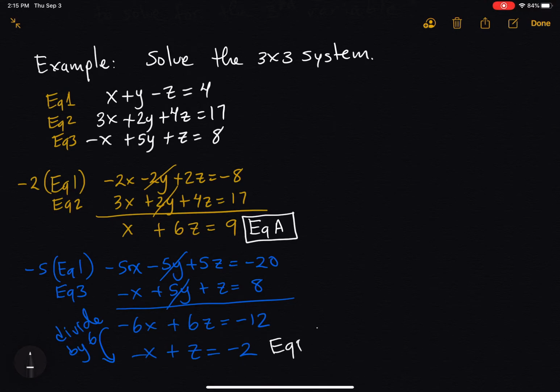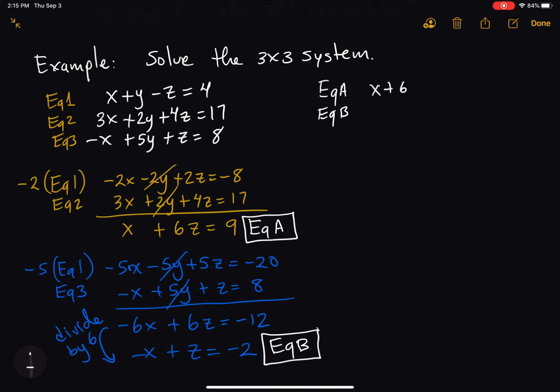And I'm going to go ahead and call this equation B. Notice that equation A and equation B, they form a 2x2 system. So we're going to solve equation A and equation B. We're going to solve for x and z by solving this 2x2 system, which you already know how to solve. And if you notice in this case, we got lucky because x and negative x are going to add up to 0, so we don't have to multiply either one of the equations by anything.